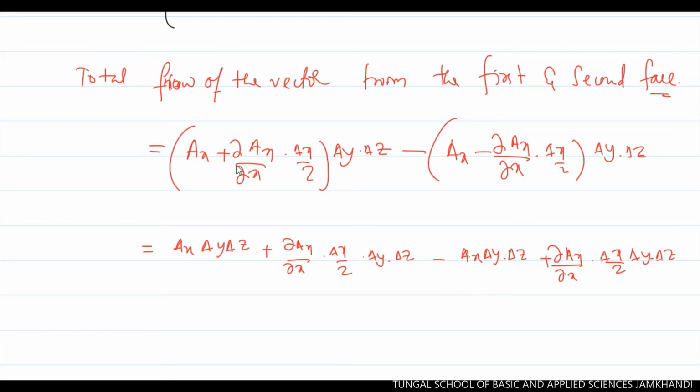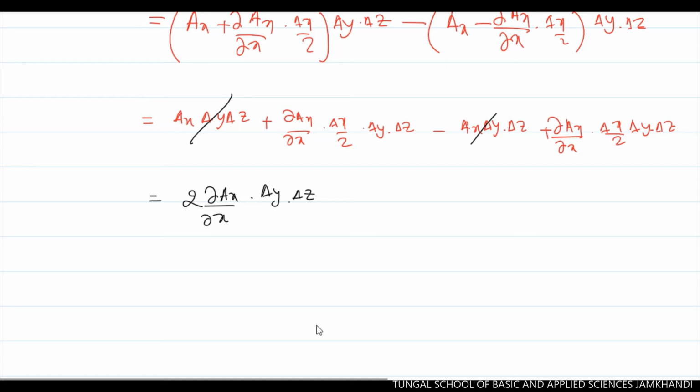Now if you see this, there are two components, so these two terms get cancelled, and I'll be left with only 2 times ∂Ax/∂x into Δy into Δz.